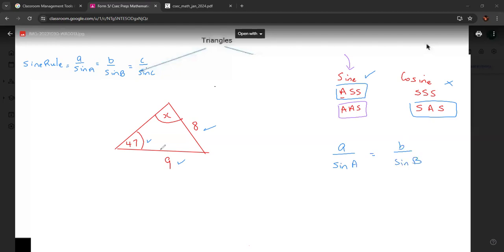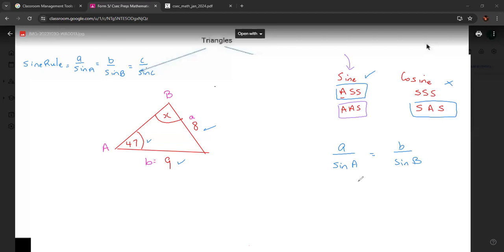So you label that. If this angle, I could label this angle as A. The side that is opposite or facing that angle will be corresponding with a small a. I could label this angle B, and the side that is opposite, that's going to be corresponding with small b.